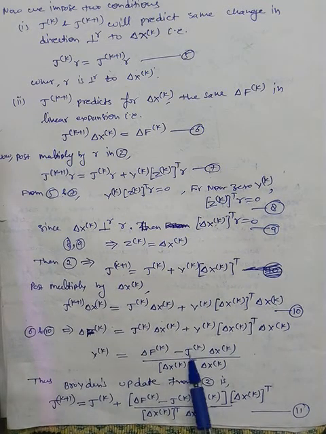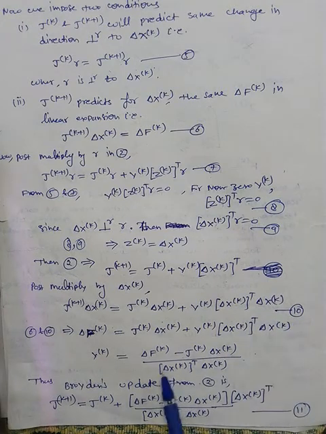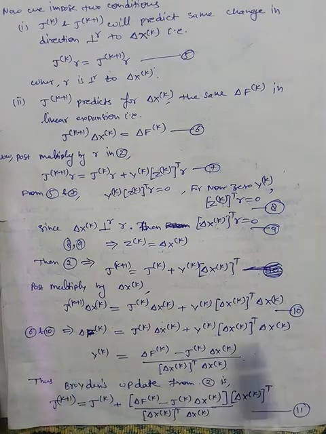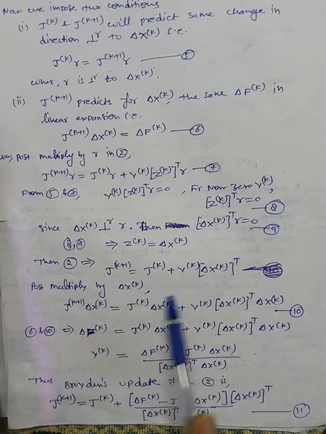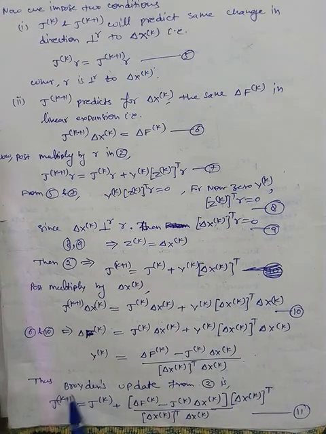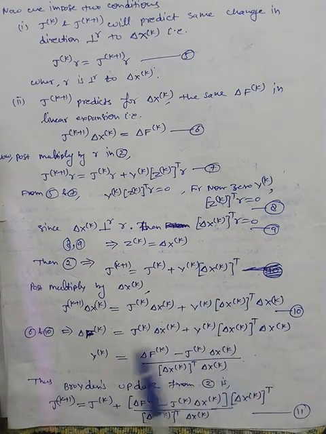So yk is delta fk minus jk delta xk, divided by delta xk transpose delta xk. And this is your yk. Now put this yk here. So what we will have? Jk plus 1 is equal to jk plus yk, where yk is this quantity: delta fk minus jk delta xk divided by delta xk transpose delta xk, and delta xk transpose. So this is equation number 11.